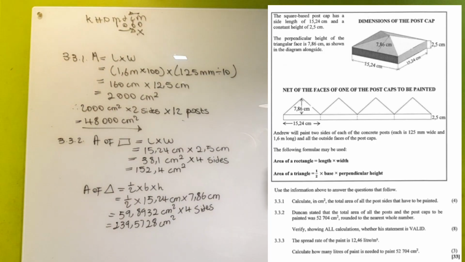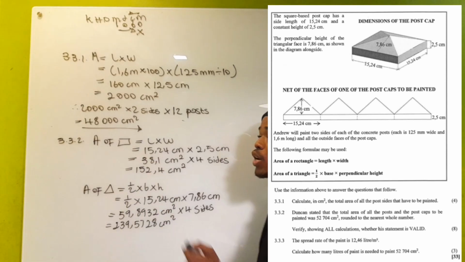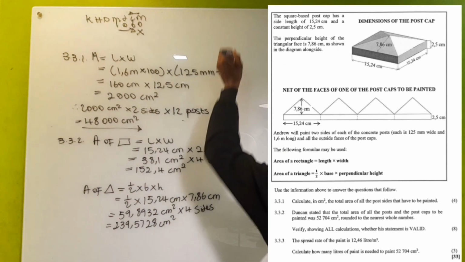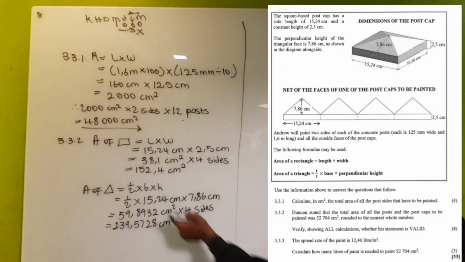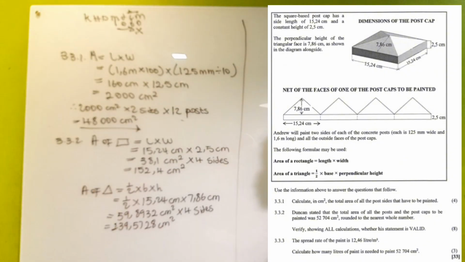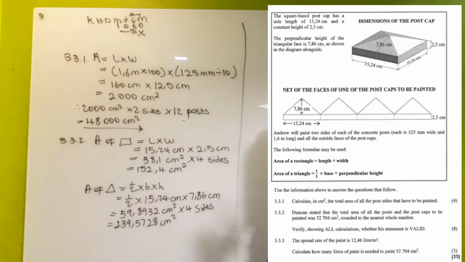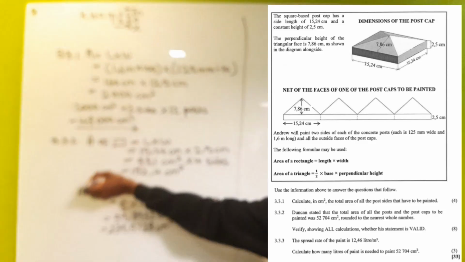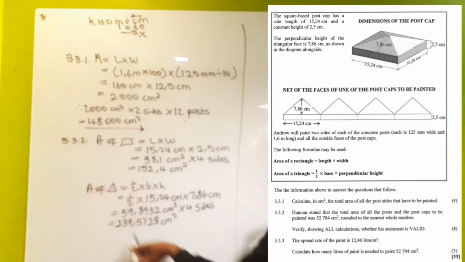So now we have the area of the triangular part of the post cap and the rectangular part of the post cap. What we have to do now is add these areas together, because together they make one post cap, so that we can know the total area of one post cap that has to be painted. We're going to say area of rectangle plus area of triangle.